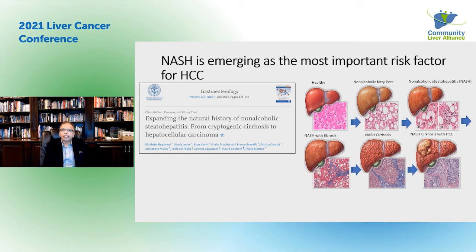To the right, there is non-alcoholic steatohepatitis, which means not only there is fatty infiltration, there is inflammation associated with it. Then this progresses to NASH with fibrosis, cirrhosis, and that provides risk for hepatocellular carcinoma.